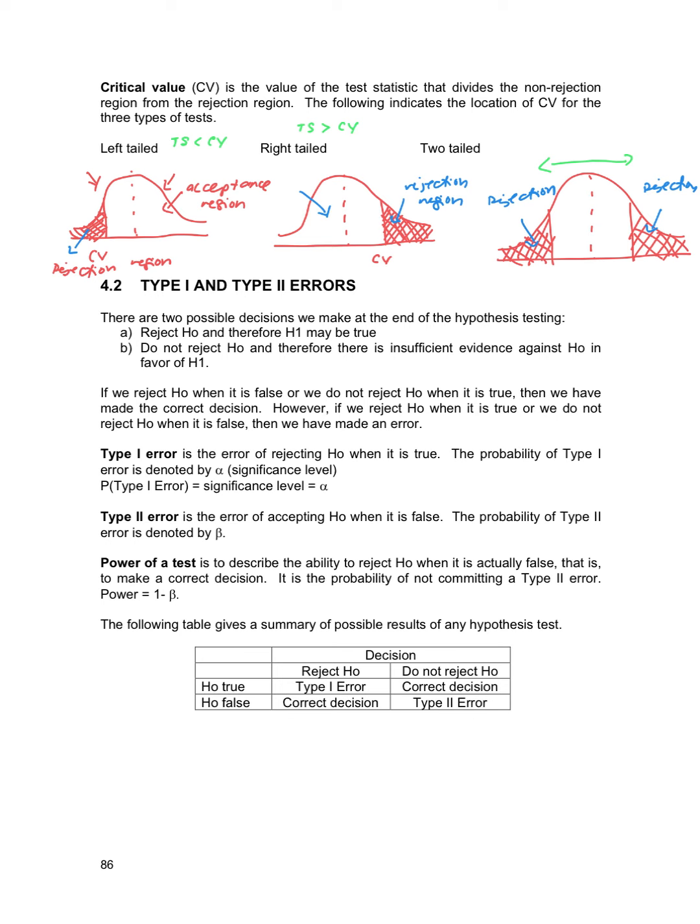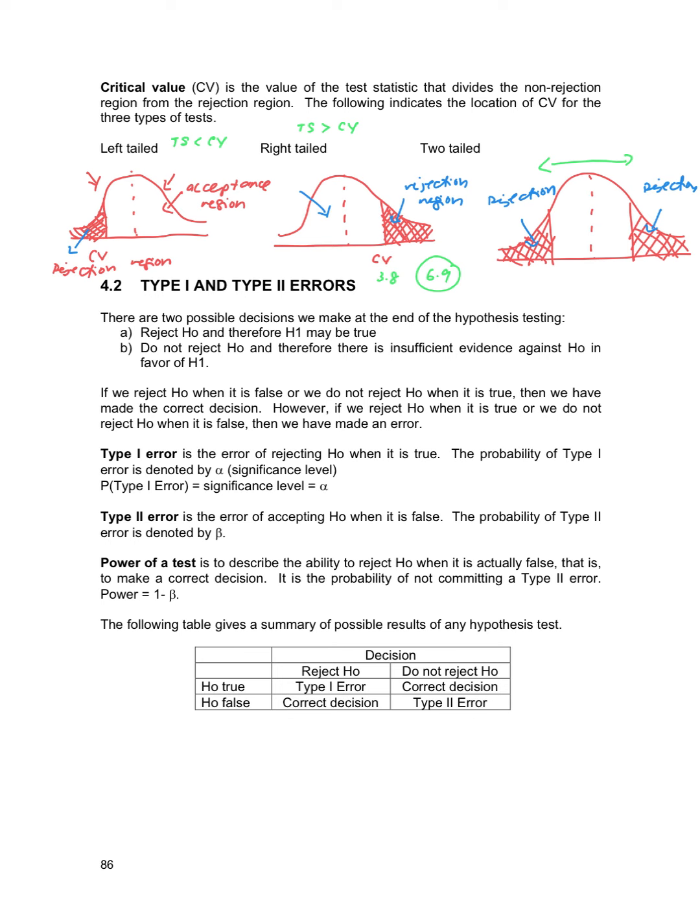Maksudnya, contoh kalau critical value awak, value dia 3.8 katakan, test statistik awak dapat 6.9. So 6.9 tu kita punya test statistik is greater than the critical value. So meaning that we have to reject the H0. So kita akan compare value nanti sebenarnya.